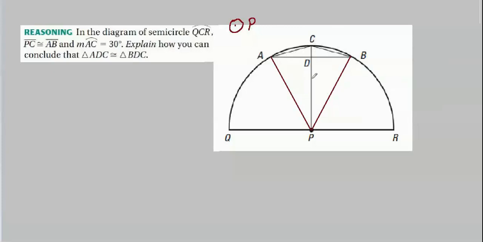Well, we have one more fact here, that arc AC is 30 degrees. Well, we measure an arc according to the angle that it subtends. That means that angle APC is 30 degrees.